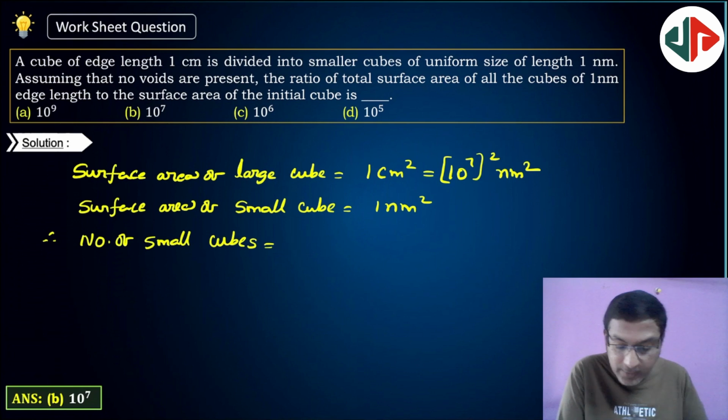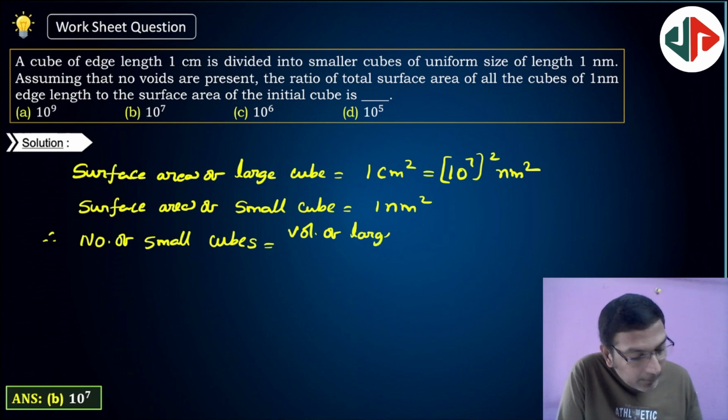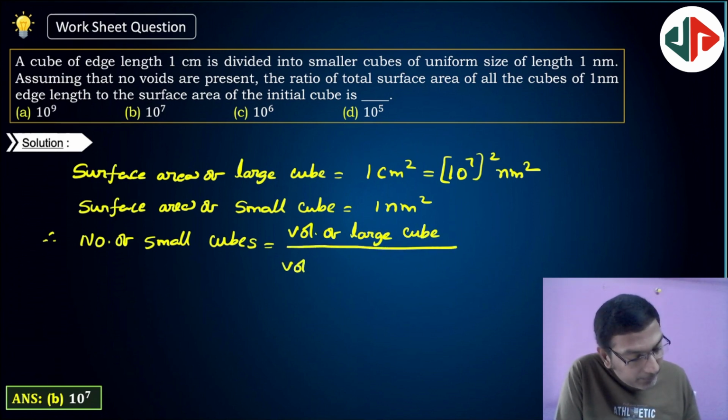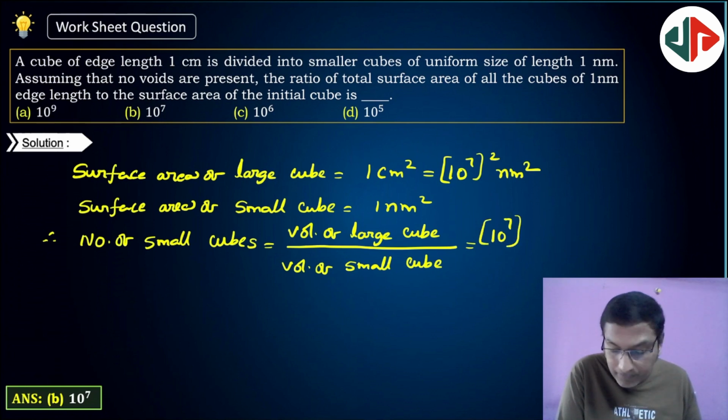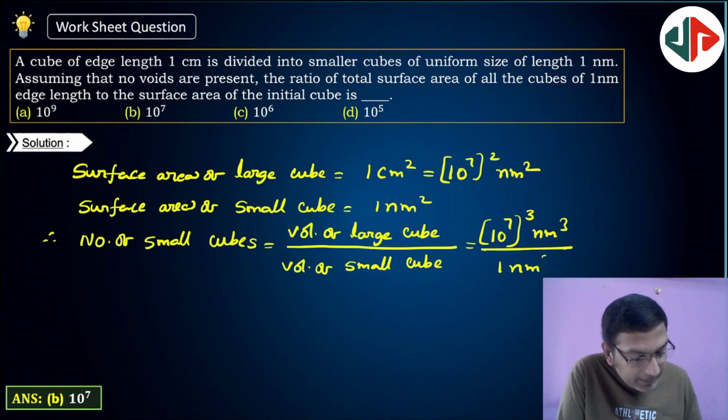Number of small cubes equal to volume of large cube by volume of small cube, which is equal to, the volume of large cube we can write 10 power 7 whole cube nanometer cube by 1 nanometer cube.